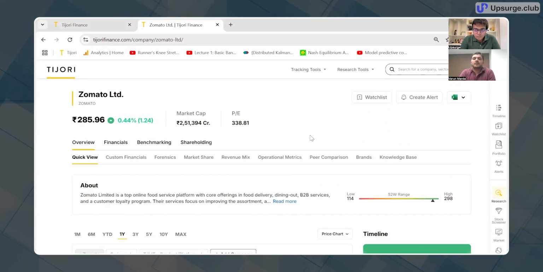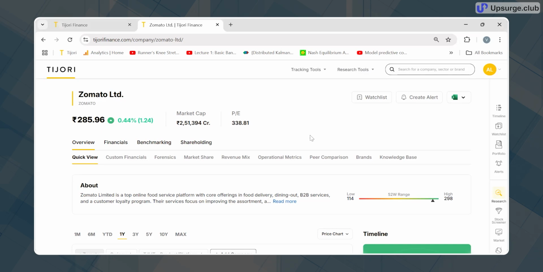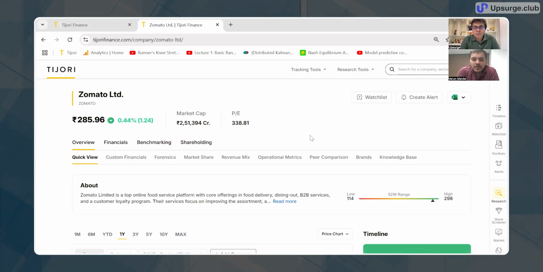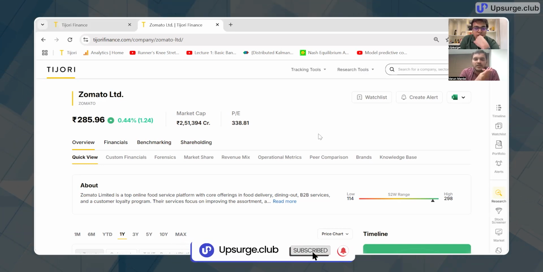Okay. So basically, what we do on Tijori is, you would have heard of many research platforms. Where we try to differentiate on Tijori is we focus on unstructured data as opposed to structured data. What that means is you go to any website, you get the P&L statement, the cash flow, the balance sheet and stuff like that. We also have that.